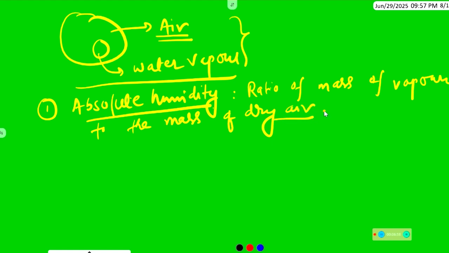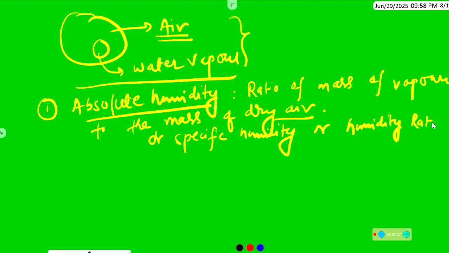This is also called specific humidity or humidity ratio. We denote this absolute humidity by omega. So this is mv by ma.